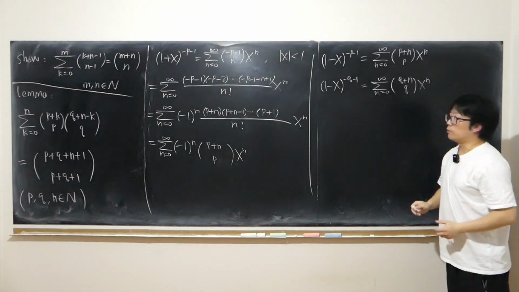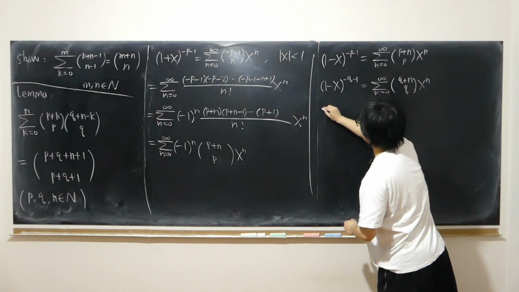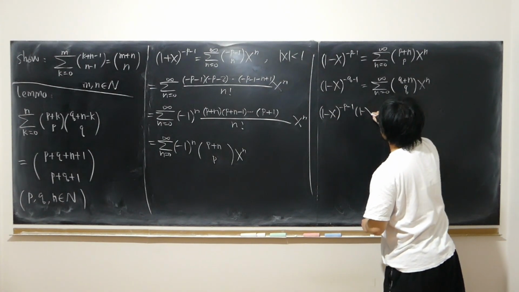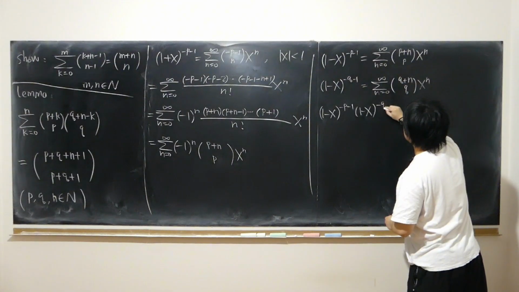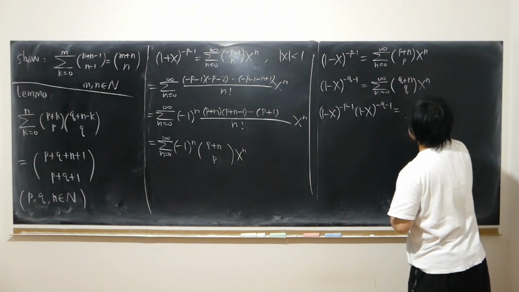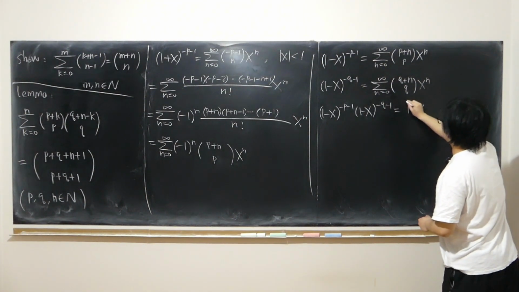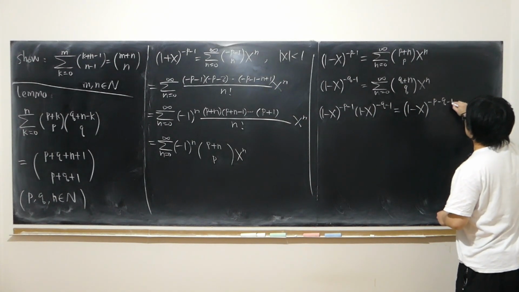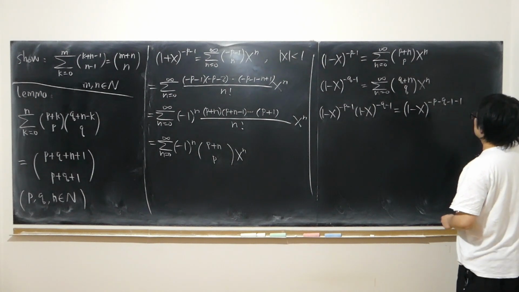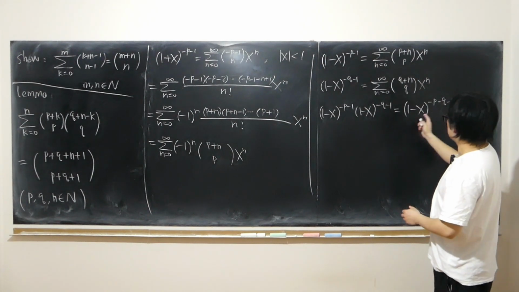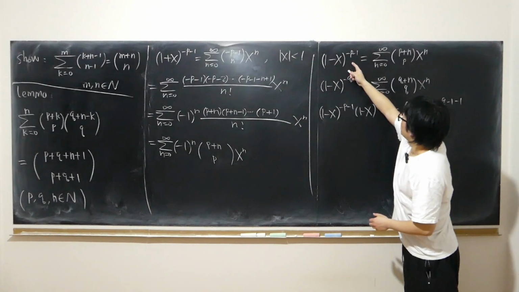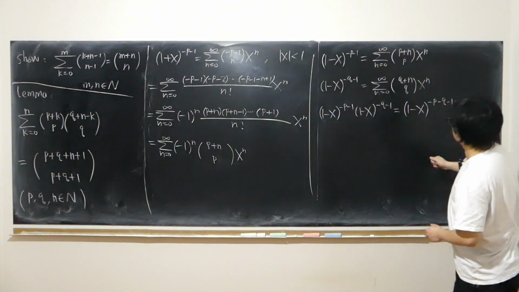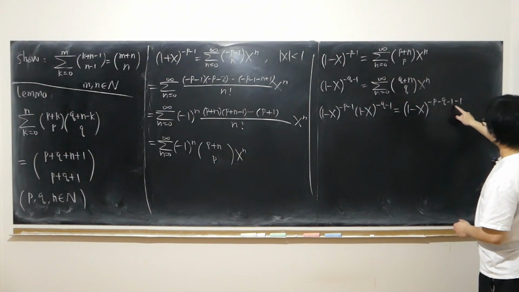So when you multiply them together, 1 minus x to the power minus p minus 1 times 1 minus x to the power minus q minus 1, that is 1 minus x to the power minus p minus q minus 1 minus 1. Now you notice they have a similar format compared with this one, except here I have minus p minus 1 and here I have this extra minus 1.